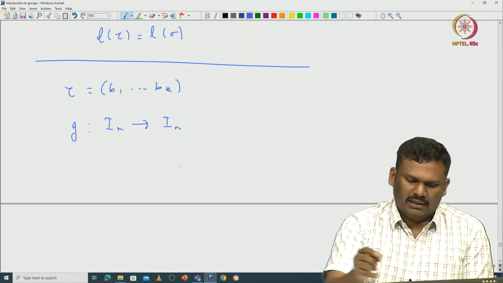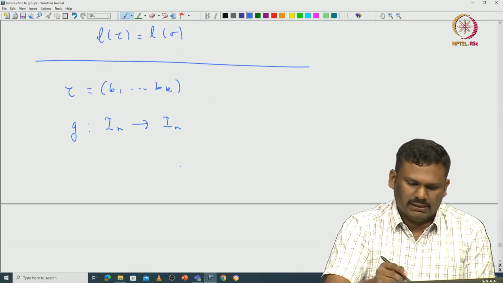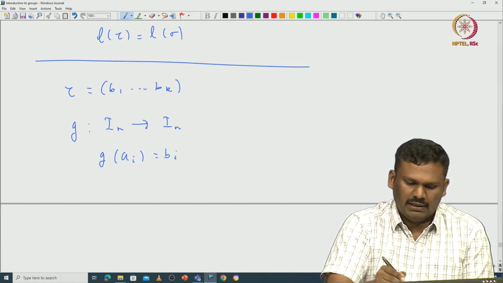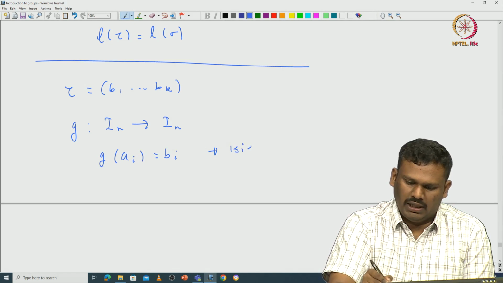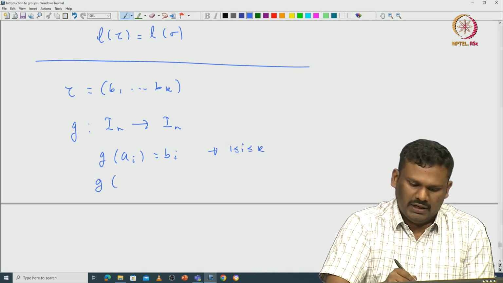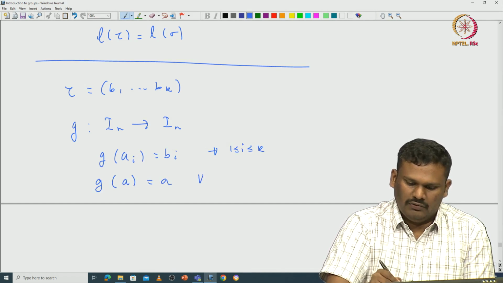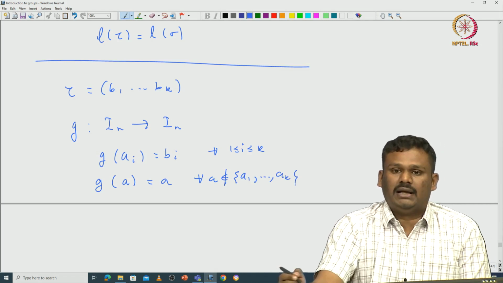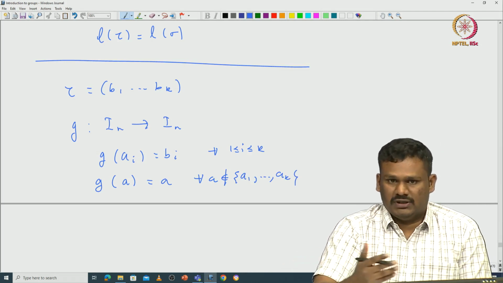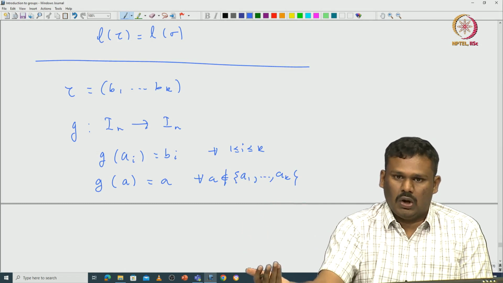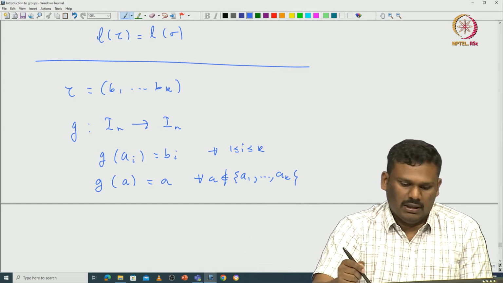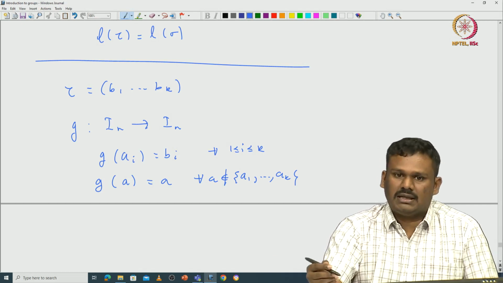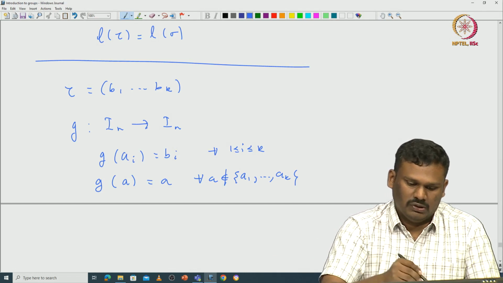You simply take g to map a_i to b_i for each i from 1 to k, and then all the rest of the elements, g of a is a for all a which is not in a_1 through a_k. So, you divide I_n into two sets, a_1 through a_k and the complement. Whenever you take a_i, you map a_i to b_i using g, and whenever a is coming from the complement, you map it to itself. So, that is your g.